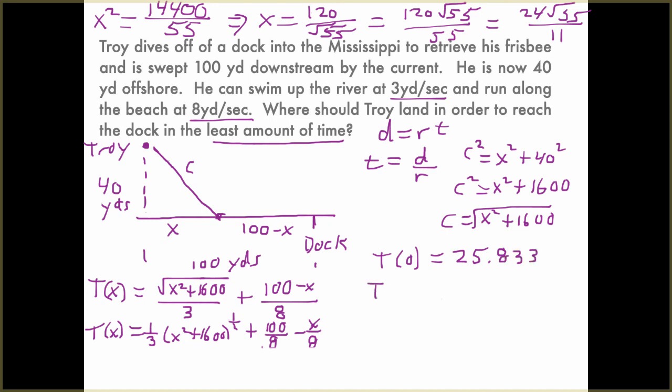If you plug in our other endpoint of 100, where you go straight back to the dock, you will get 35.901. And if you take the time of 24 square root of 55 over 11, you'll get a time of 24.860.